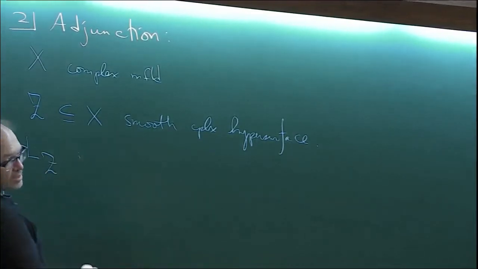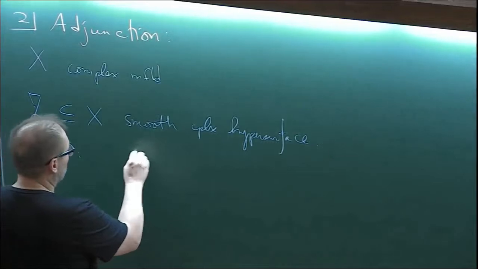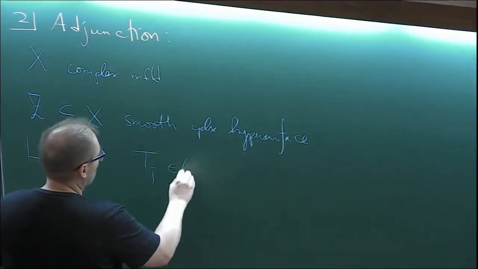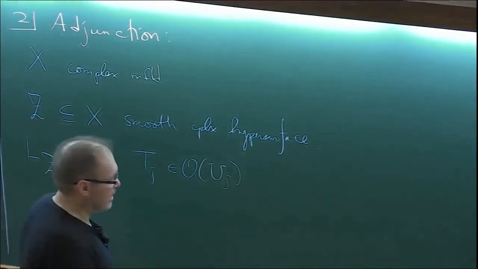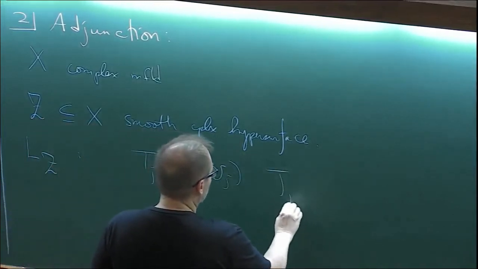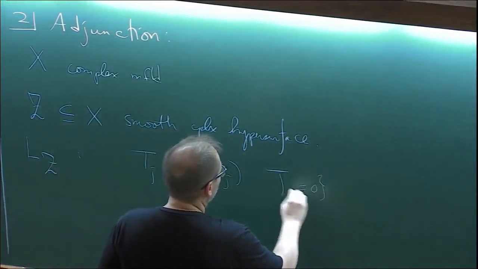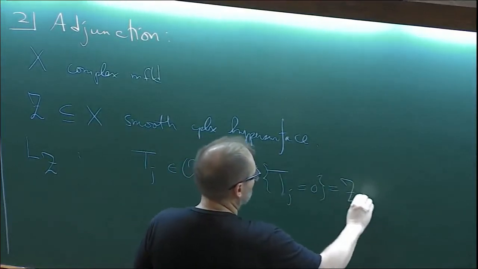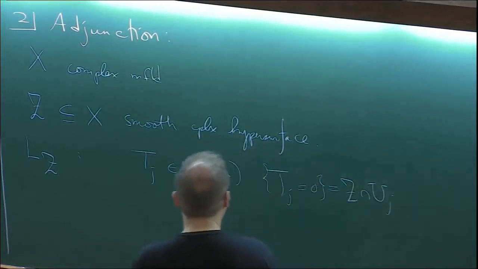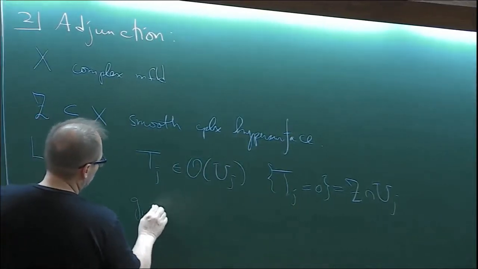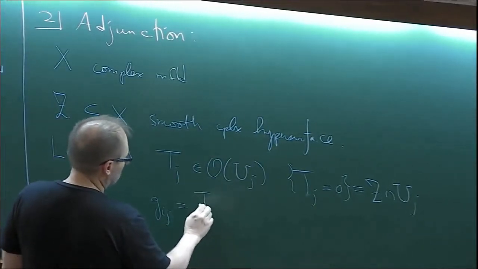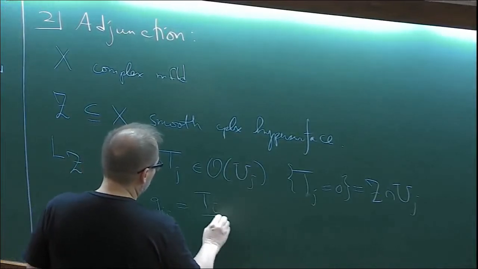The way you get it is you find functions Tj holomorphic on some open set Uj such that Tj equal to 0 is exactly Z intersect Uj. And then the line bundle is given by the transition functions Gij equals Ti over Tj.